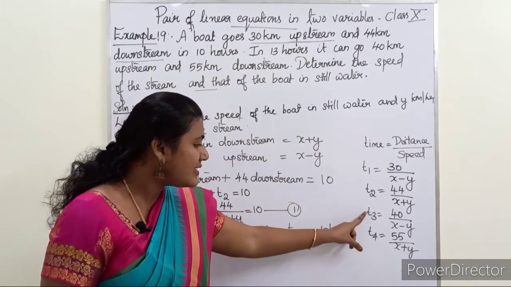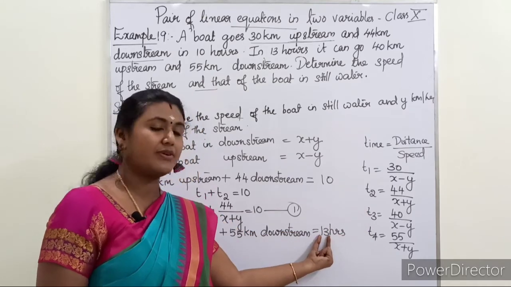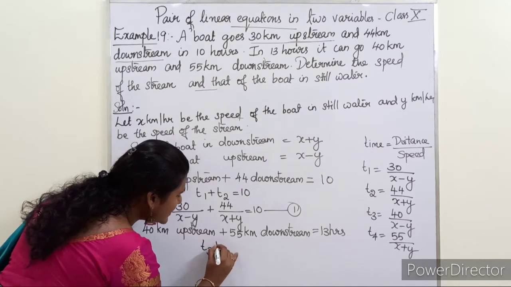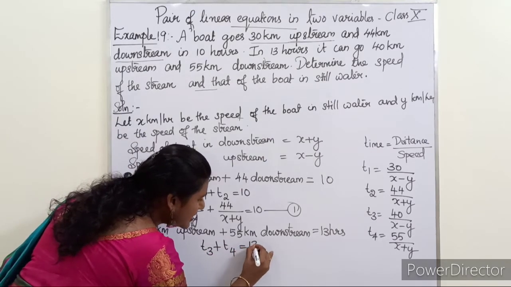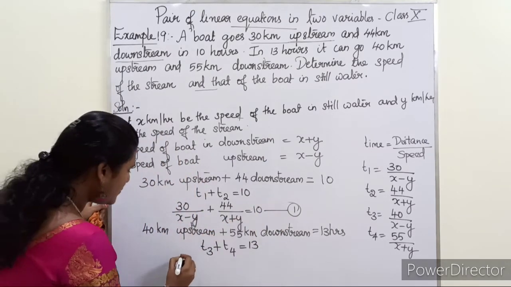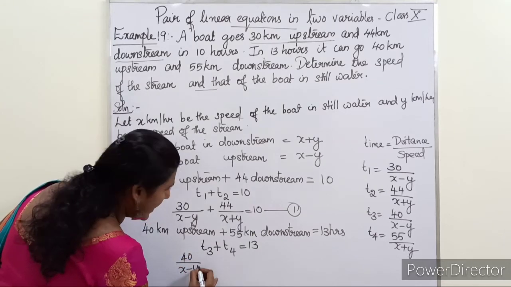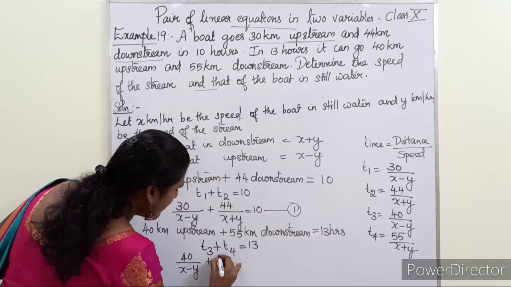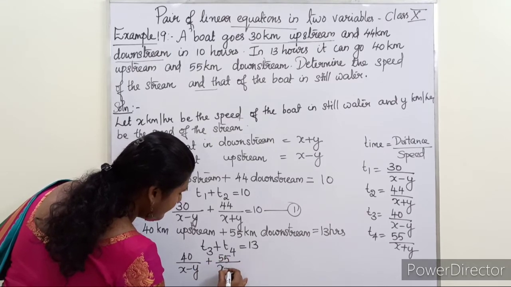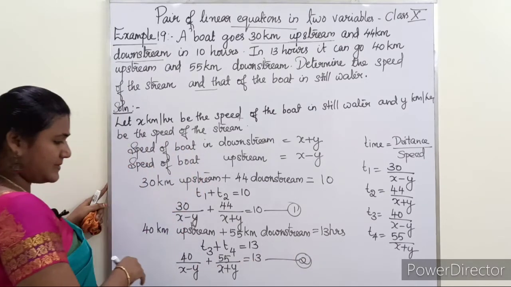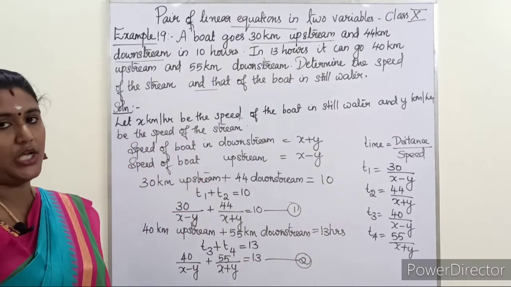Now it is given that the sum of these two times is 13 hours. So we will write T3 plus T4 is equal to 13. So we substitute here: 40 by x minus y plus 55 by x plus y is equal to 13. That is, we got the second equation.